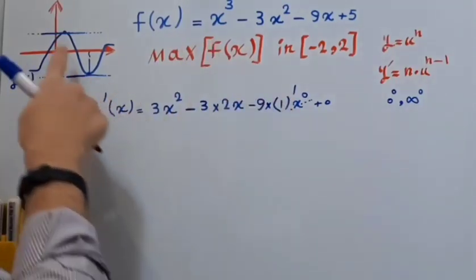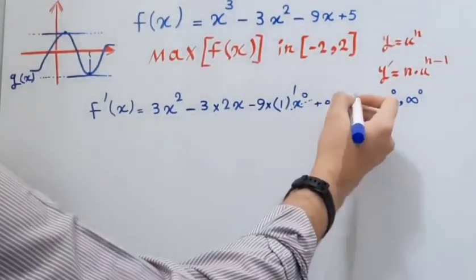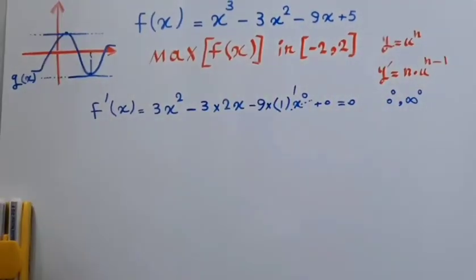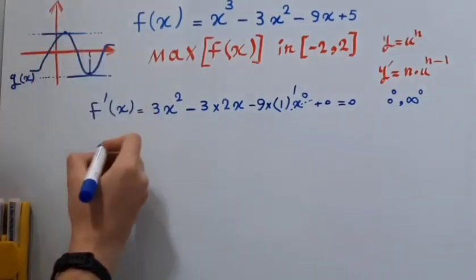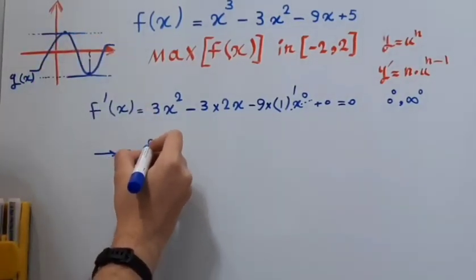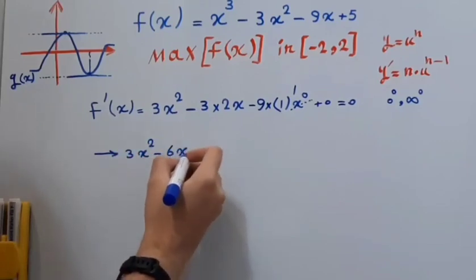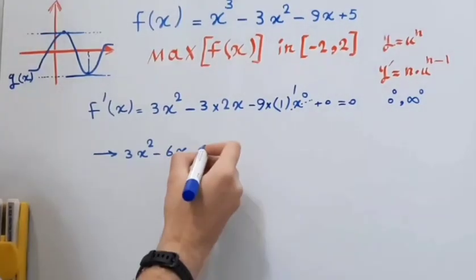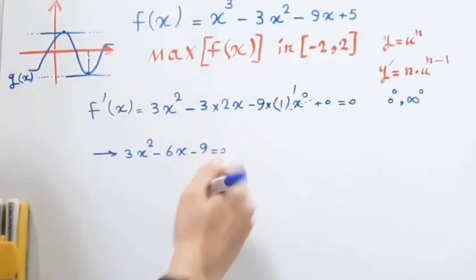And I say that the slope is 0, so we should put it equal to 0 to find these points, the max values. So we will reach 3x to the power 2 minus 6x minus 9 equals 0.